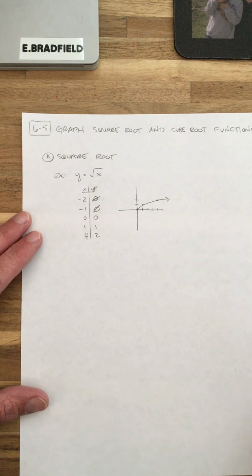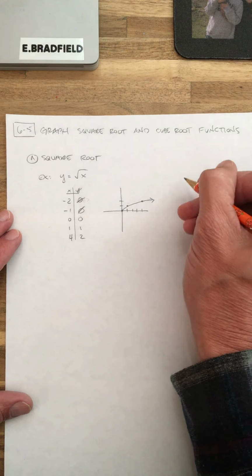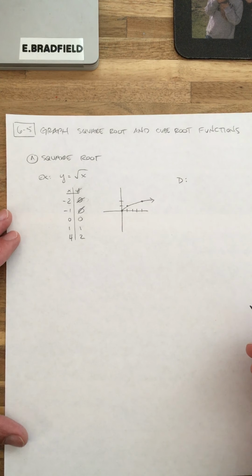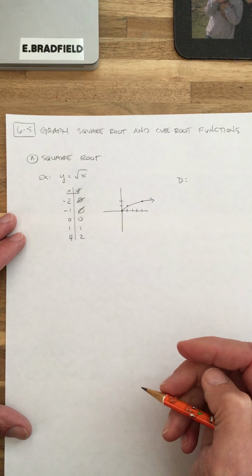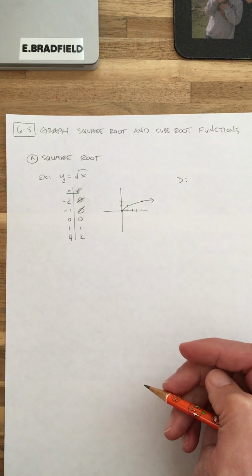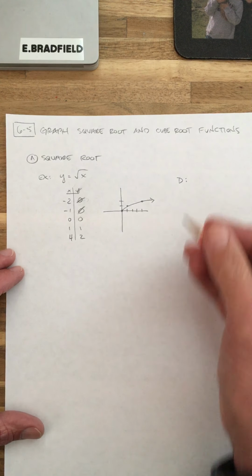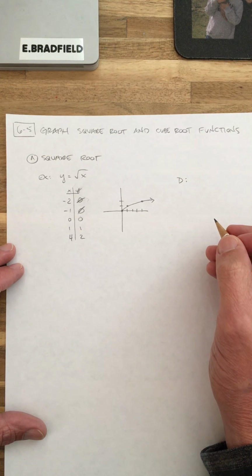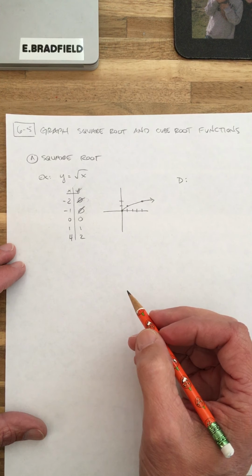All right, let's talk about the domain and the range. The domain, of course, is all of the x values that you can use, or all of the x values that you could plug into this function. Well, look at it. What x values were we not able to plug in? Negative values, right? So you could say the domain is x is all positive values, but that wouldn't be entirely accurate because 0 is a value as well that you could plug in.